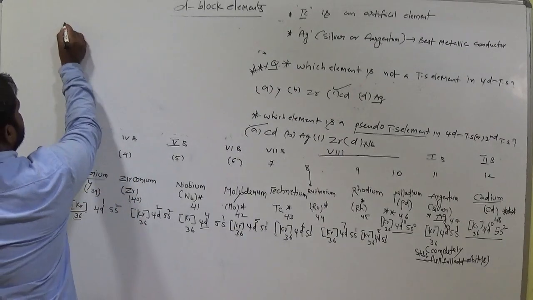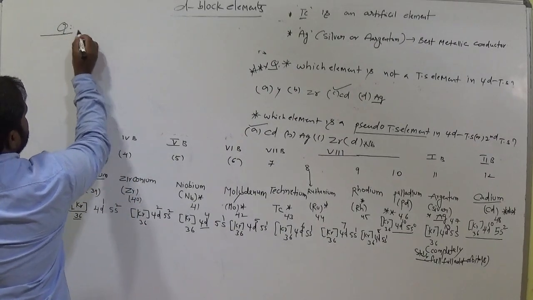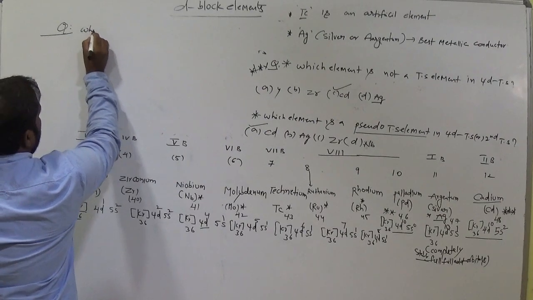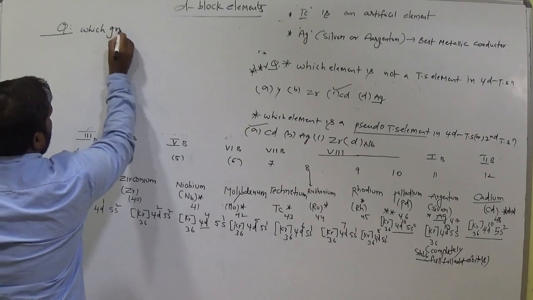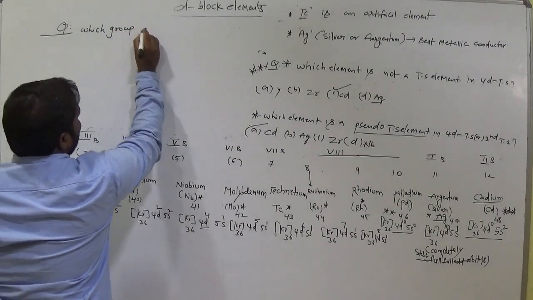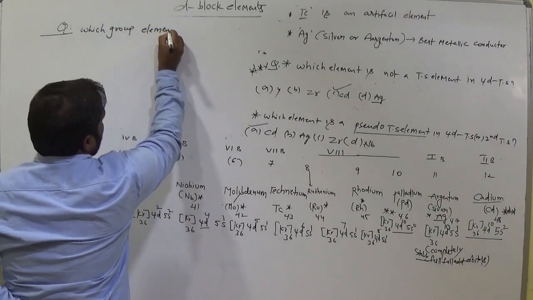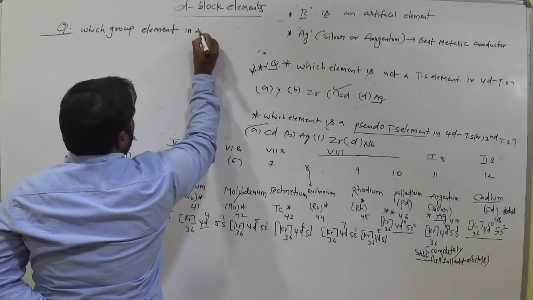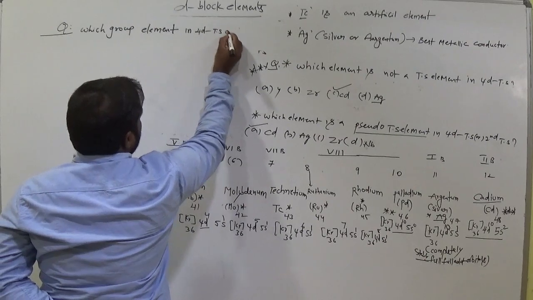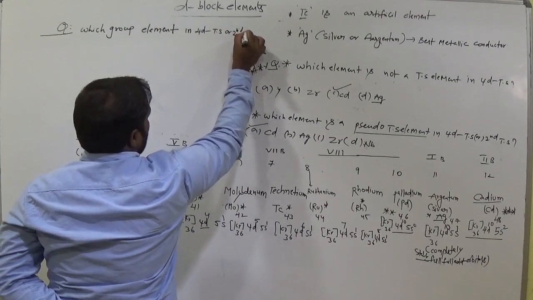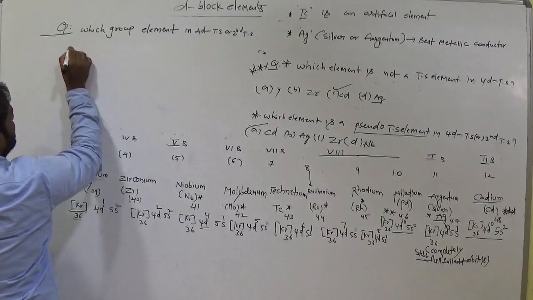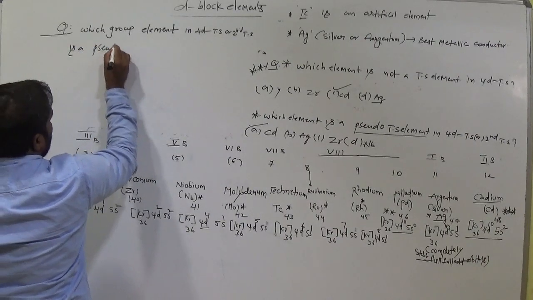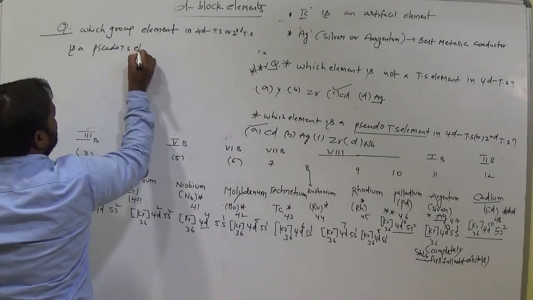Next question. Which group element in 4D transition series or second transition series is a pseudo transition element?